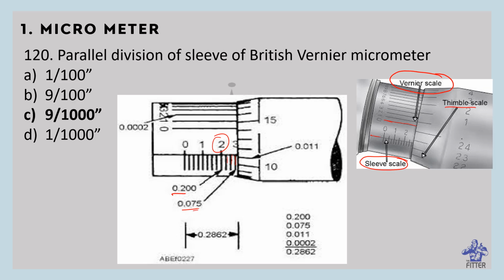It coincides nearby 11, so the reading is 0.011. The parallel lines coincide with the second line. Starting with 0, 1, and 2, it coincides with the second line. With the least count, we get 0.0002. By summing up, we will get 0.2862.